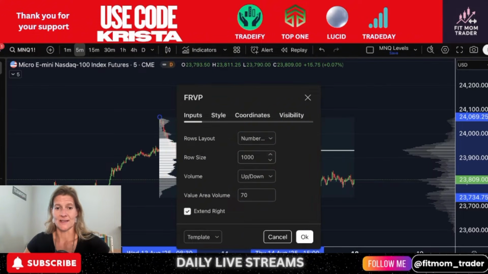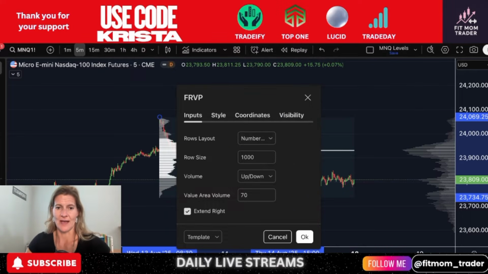Again, the row size, I change this to be a little bit more granular. I do extend it right because as price is developing, let's say it's 11 a.m. Central Time and the session is still continuing and I've marked off my fixed range so far, price is still developing. So if you click extend right, it's going to continue to move with you as price develops.